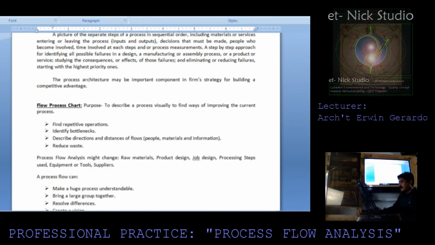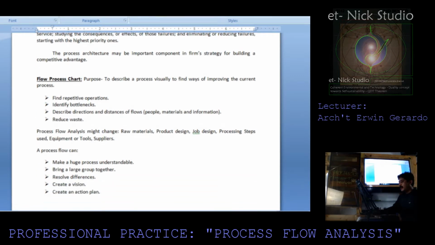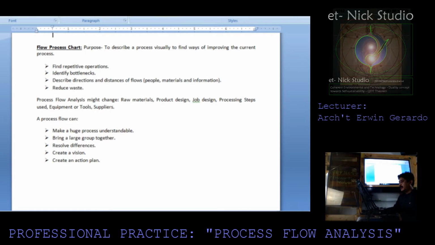So, what is a process flow chart? Its purpose is to describe a process visually, to find ways of improving the current process. So, what are the benefits that you get? Find repetitive operations, identify the bottlenecks.